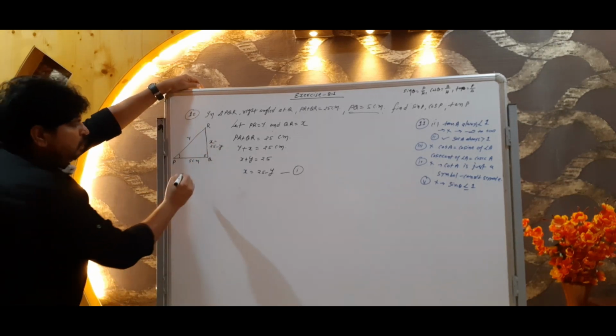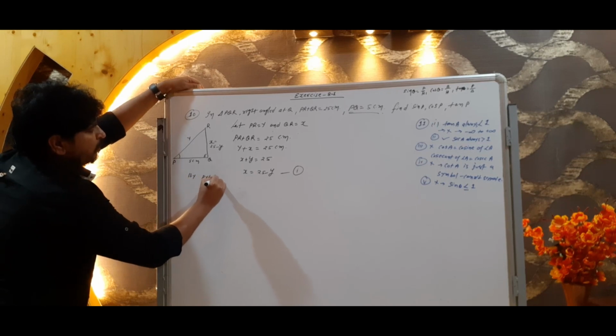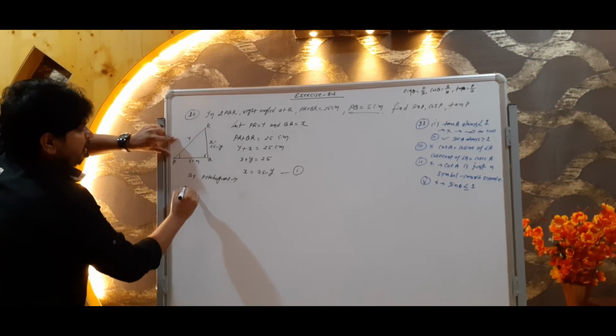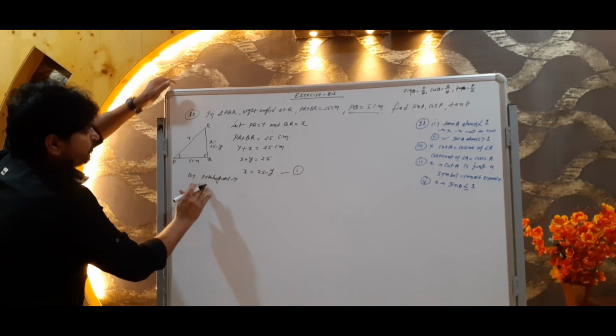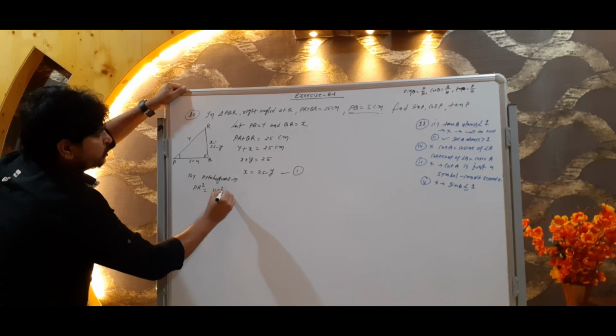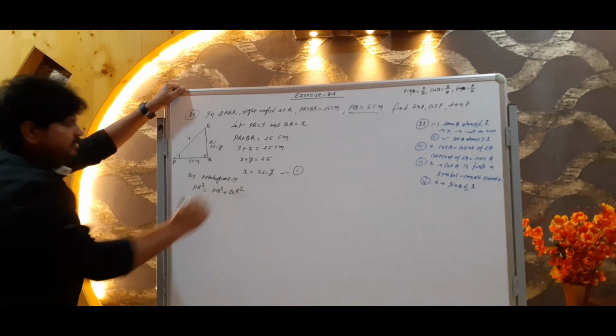Now we have to use Pythagoras theorem. By Pythagoras, what would be the Pythagoras? PQ square, sorry, PR square is equal to PQ square plus QR square.